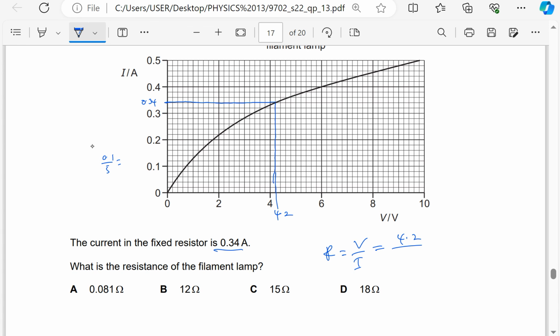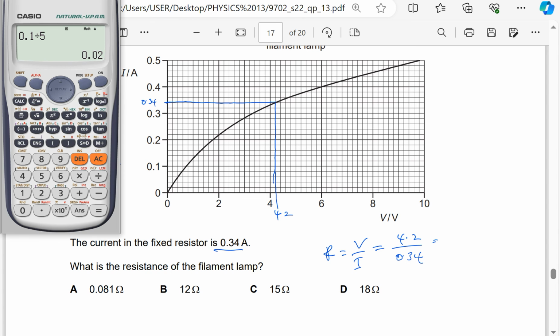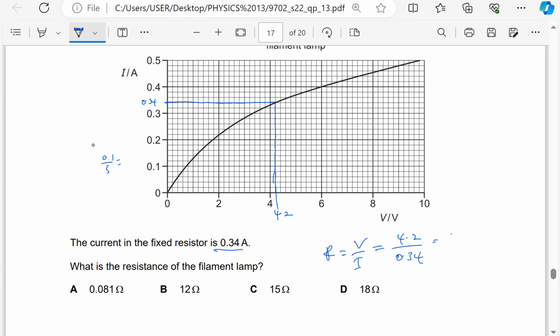The current in the fixed resistor is 0.34, so 4.2 divided by 0.34. Why did I use the first graph? This gives me 12 point something, which is approximately 12 ohms. So the answer is going to be B.